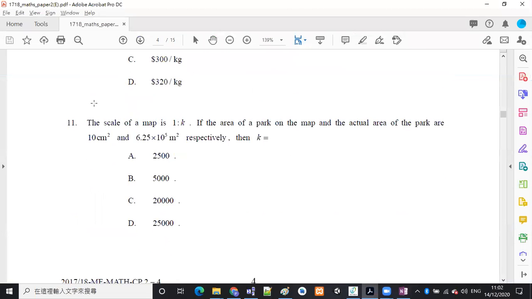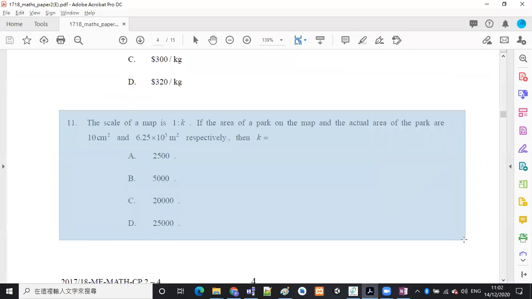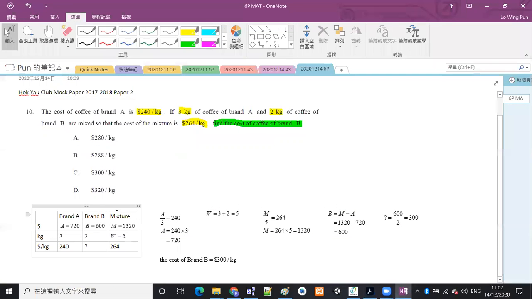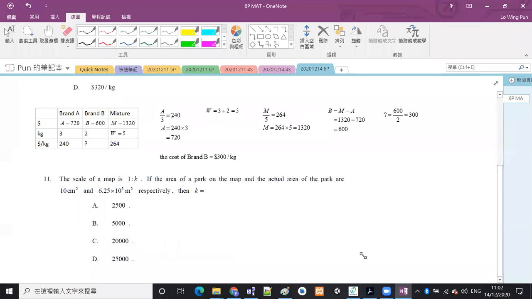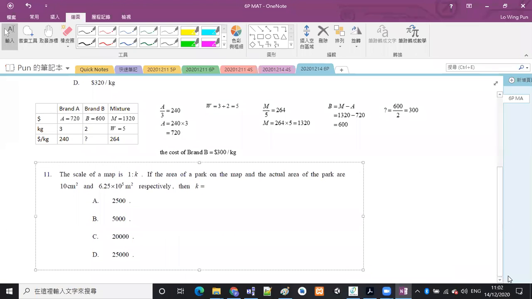Next one, number 11. 哇，呢條咧好多堂都唔識計嘅，其實我睇睇咯。Number 11. The scale of a map is 1 to k.